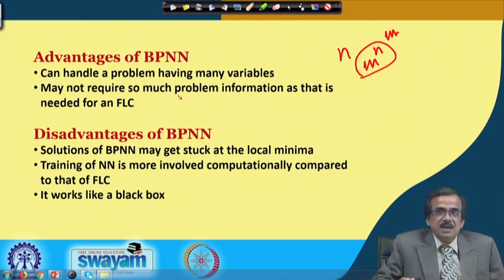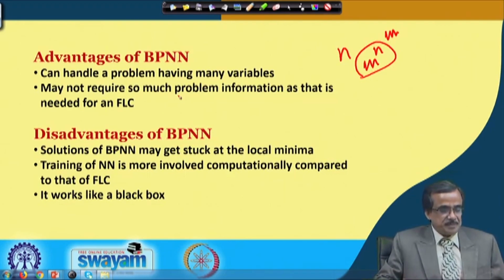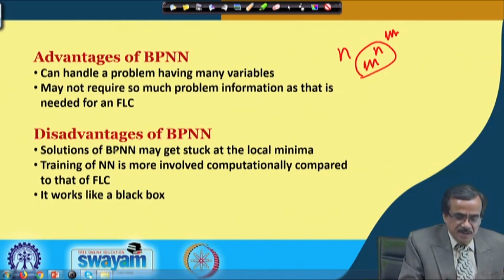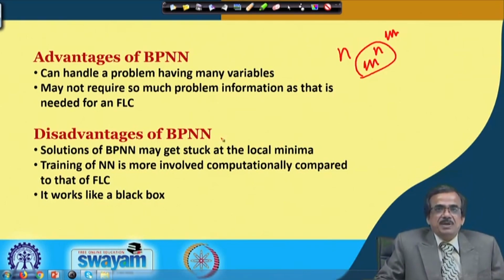But here in neural network training, we may not need so much problem information. Based on the experiments, if we can collect some input output relationship, we can directly use it to train the network, and once it is trained, the network will be able to predict the input output relationship in a very efficient way.